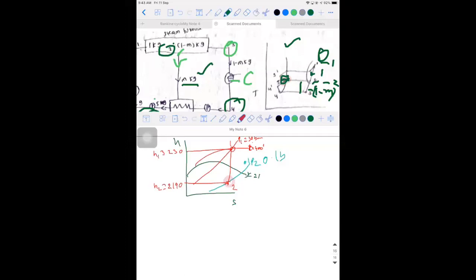Yes sir, I got it. 2790 is in the previous case H2. Okay, you forget about that 5 bar, straight away from here to here. And now you tell me what is the H2. This H2 in this case may be equal to H3 in the previous case.